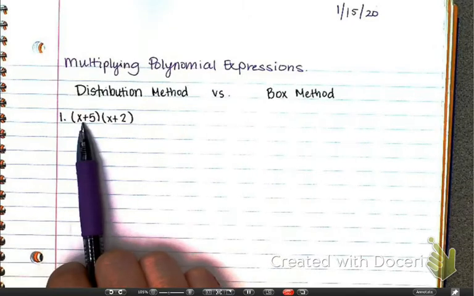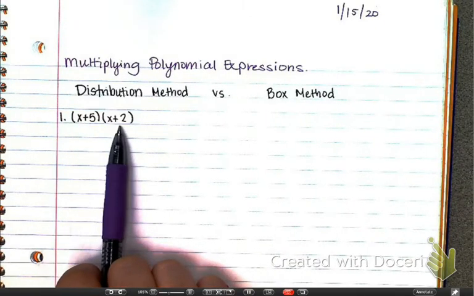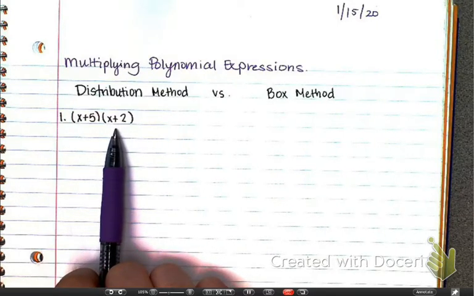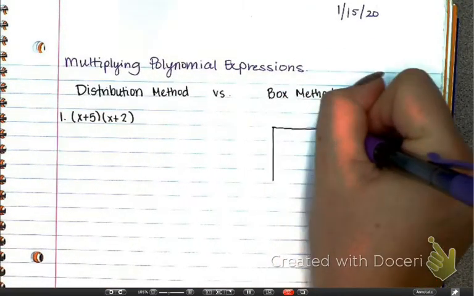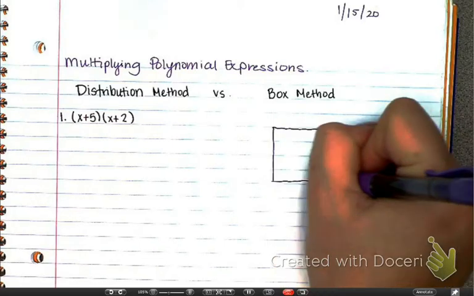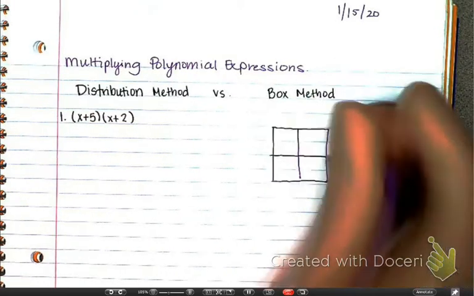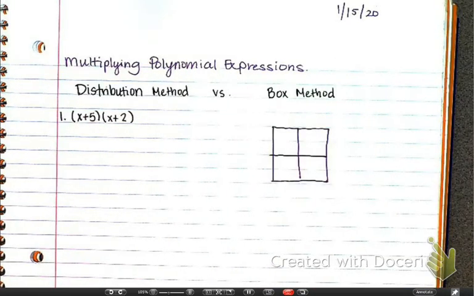How many terms do I have in this first set of parentheses? 2. How many terms do I have in the second set? 2. So my box is going to be a 2 by 2. Okay, 2 rows by 2 columns. So we're going to create a box. That's literally a 2 by 2. So 2 rows, 2 columns.